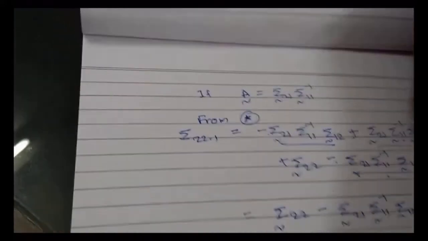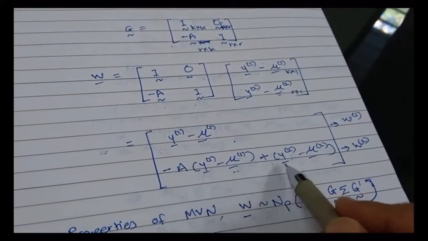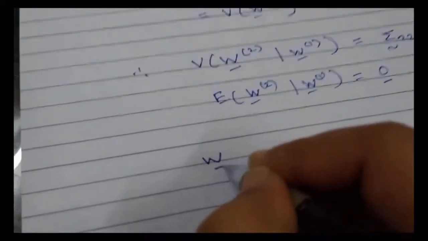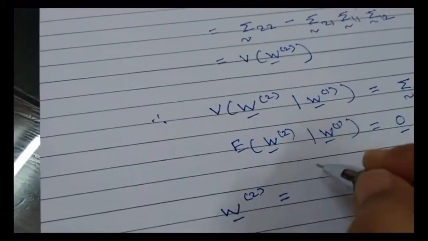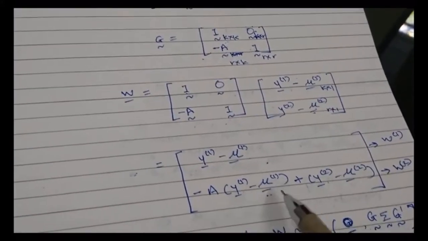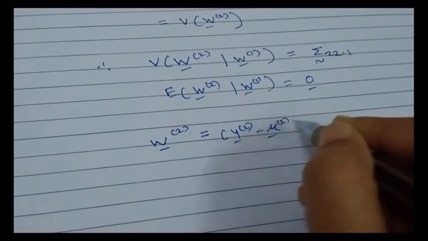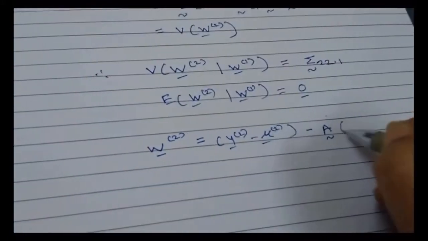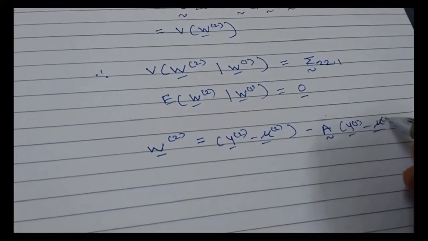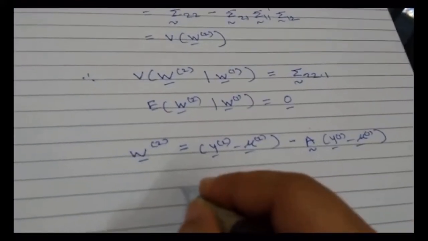Now what is W2 and what is W1? My W1 is y1 minus mu1, and my W2 is this. So let me substitute A here. W2 is actually y2 minus mu2 minus A times y1 minus mu1. What is my A? Let me substitute that.